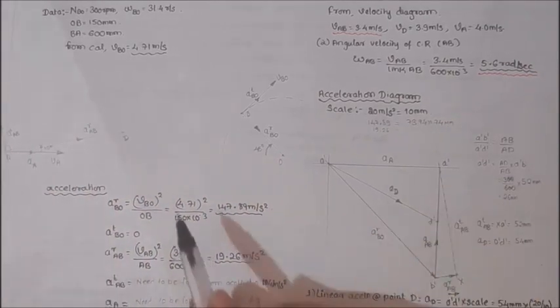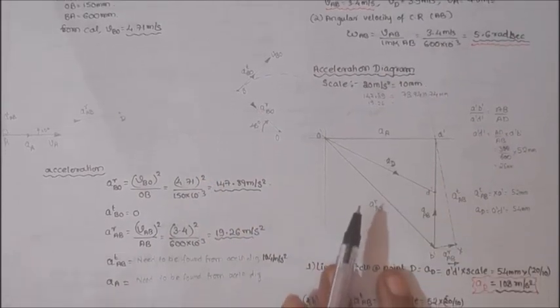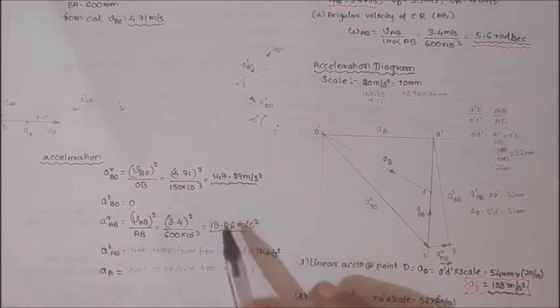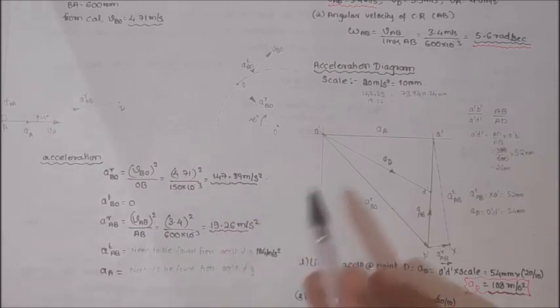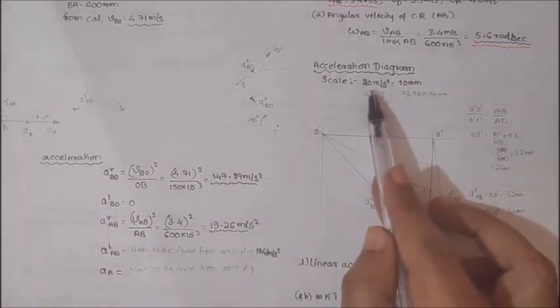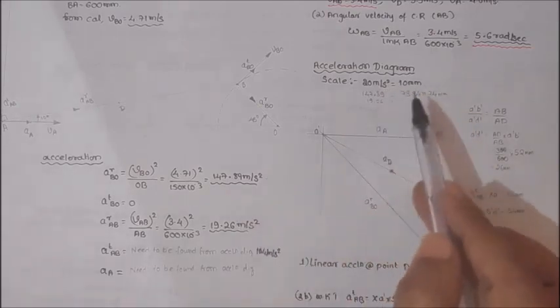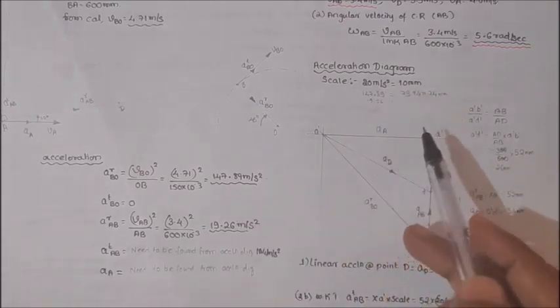Then find out these values. We'll get to know what scaling we have to take, appropriate scale for the given values. So scale will be like this: 20 meter per second square equal to 10 mm. Then do the scale down values.